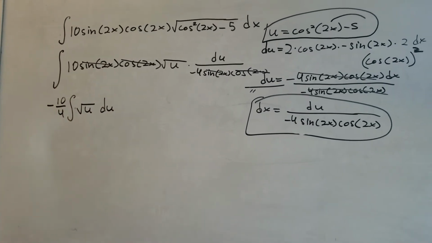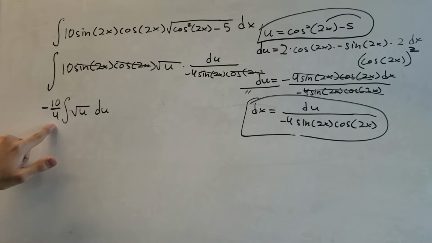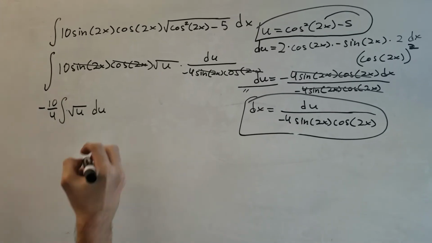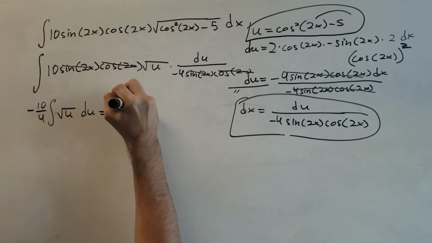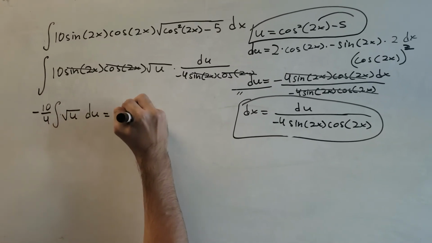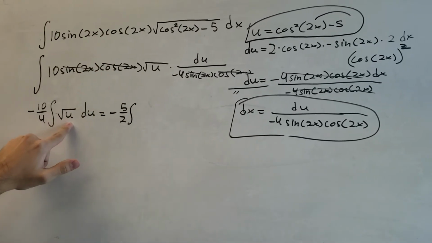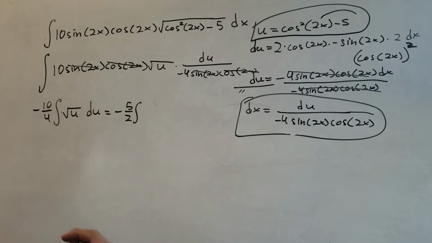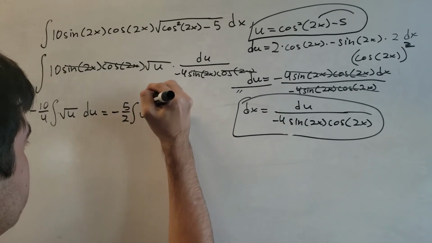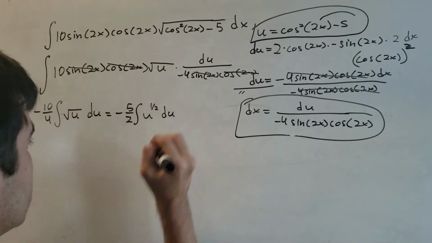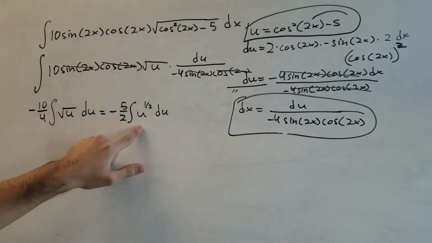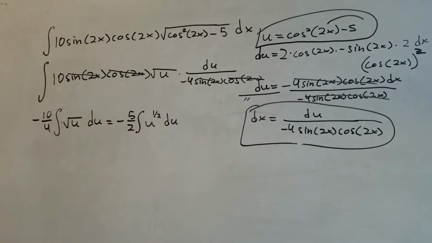Alright, so I'm going to do 2 steps here. The first thing I'm going to do is simplify this fraction, that's negative 5 over 2. And I'm going to rewrite that square root as u to the 1/2 power, du. Now, taking the integral of u to the 1/2 power, that's super easy. We know how to do that.